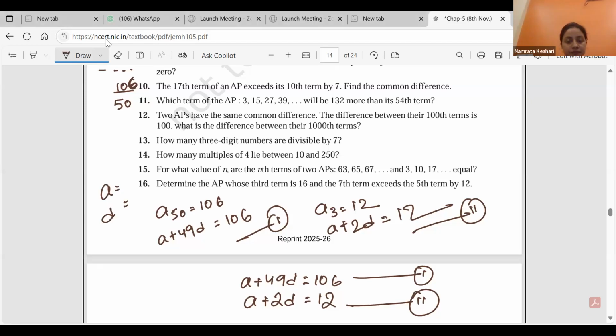Now I got D as 2 and A as 8. A as 8 and D as 2, right? Yes, ma'am. Yes, Abdullah, what are you getting? I'm also getting the same, ma'am. Okay, here A will be 8 and D will be 2.